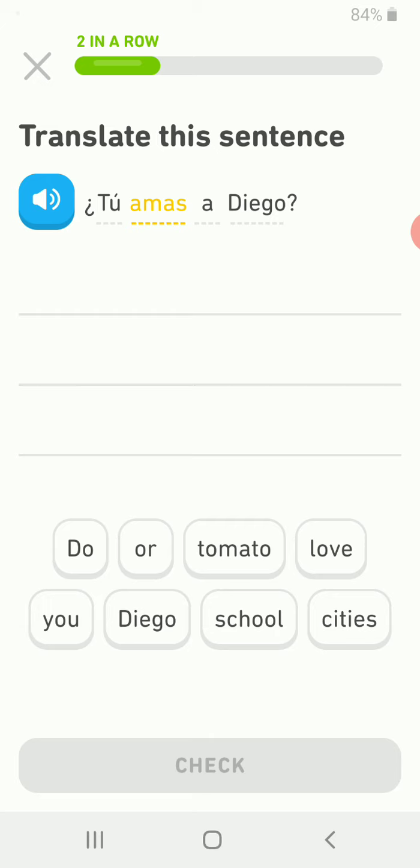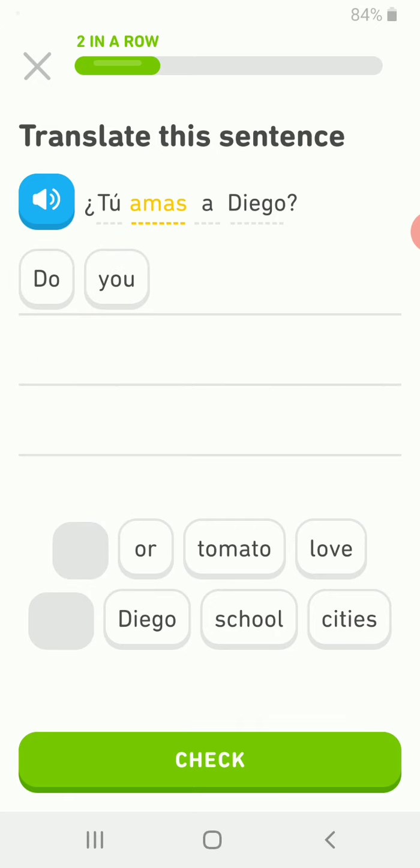It's not his, it's not her, and them and their are not possessive adjectives. But we have to be careful here, because in Spanish they're all a little bit more like nouns than in English. ¿Tú amas a Diego? Do you love Diego?